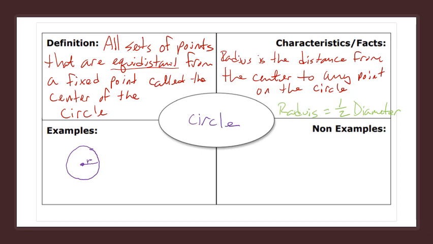The diameter is the distance through the center from one point of the circle to another point. So that's the diameter right there. And one more fact, and it's given to you in our formula, is that area is equal to pi times the radius length squared.